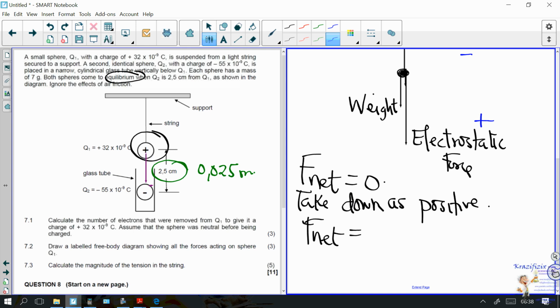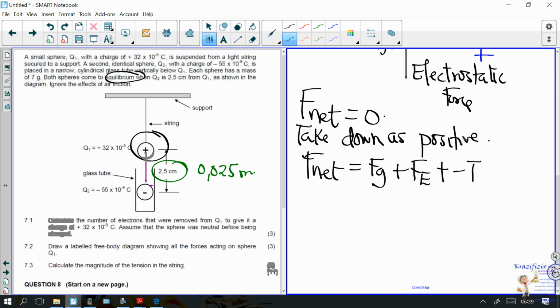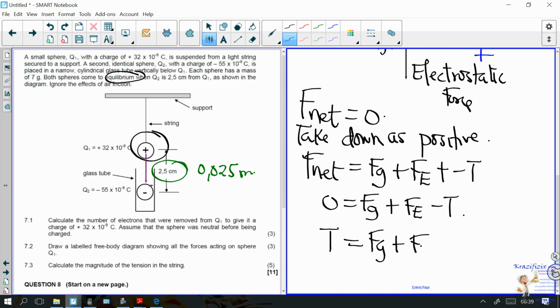So what are we going to have? Our force of gravity plus our electrostatic force minus tension. Is that fine? And because they set it at equilibrium, this is equal to 0. So we have Fg plus Fe minus T, which automatically means tension, if I bring it to the side, becomes Fg plus Fe.